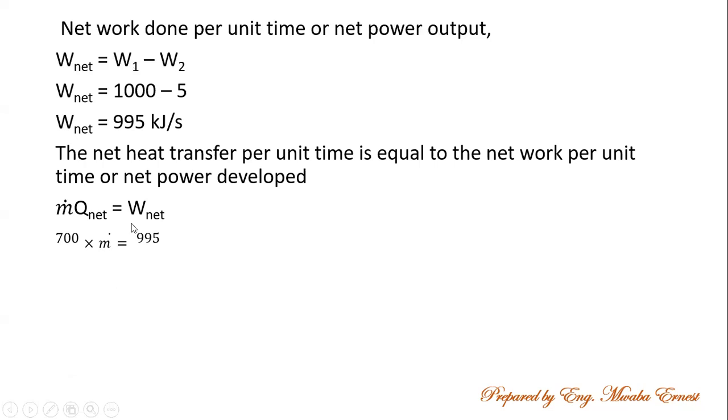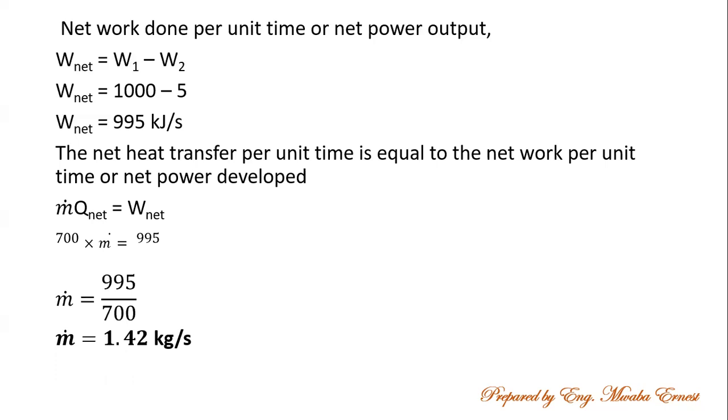The net work done per second is actually 995. So if you make mass flow rate the subject of the formula, you get 995 divided by 700. Hence you have the answer here as 1.42 kg per second.